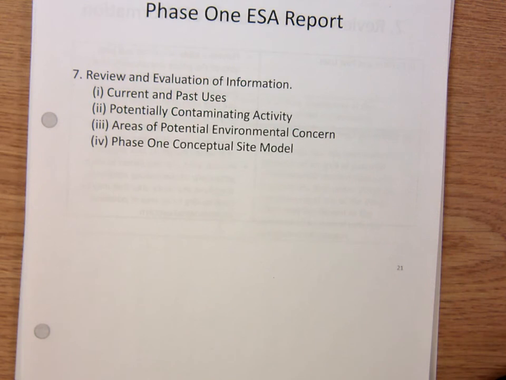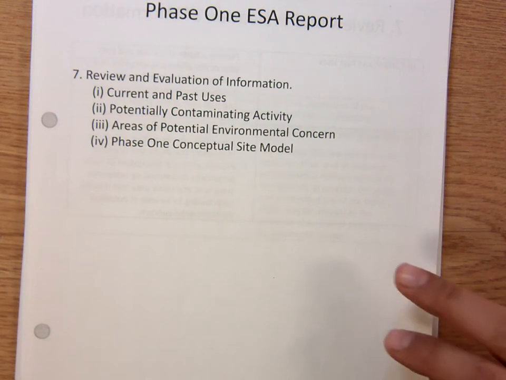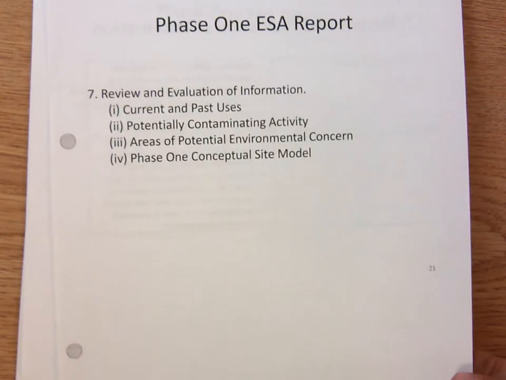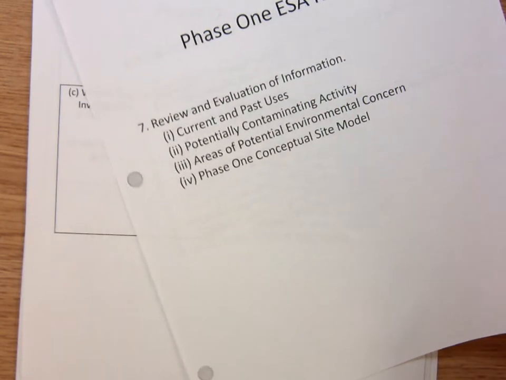So there are 4 different subsections included here, and we're going to look at these subsections in more detail: the current and past uses, potentially contaminating activities, areas of potential environmental concern, and phase 1 conceptual site model. We are going to look at each of these subsections.